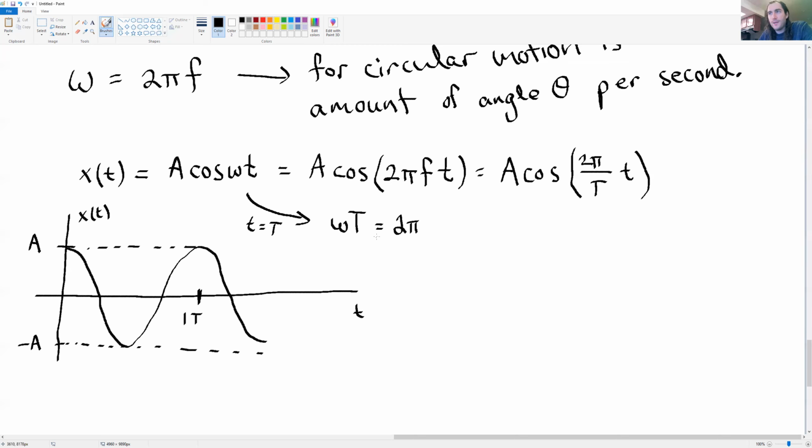First off, don't plug in omega as 2 pi f or 2 pi over T. You don't get anywhere if you do that, you just get T equals 1 over f. The thing to do here is to divide both sides by omega. So T is 2 pi over omega.